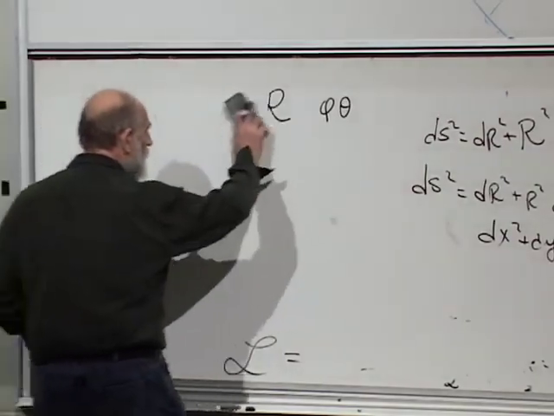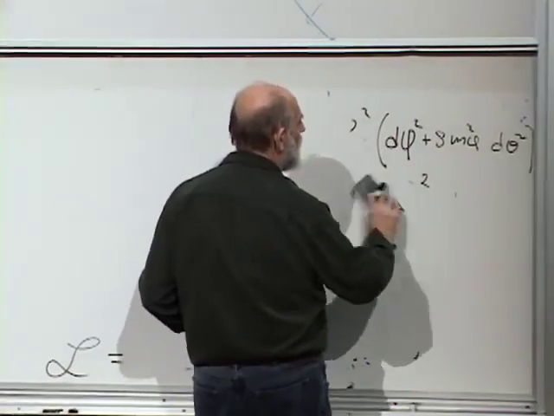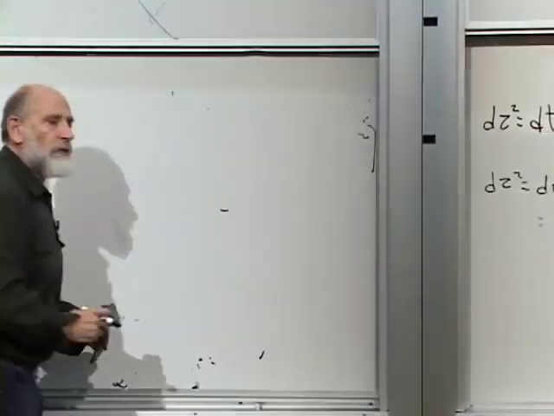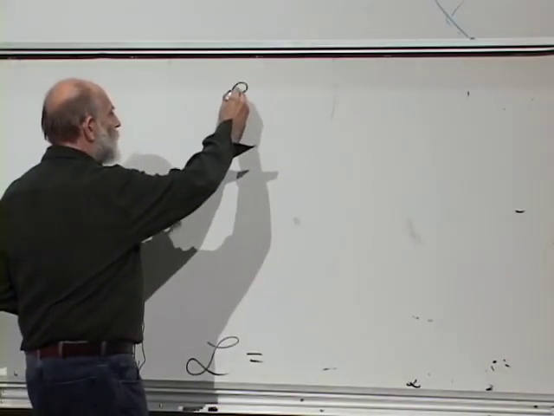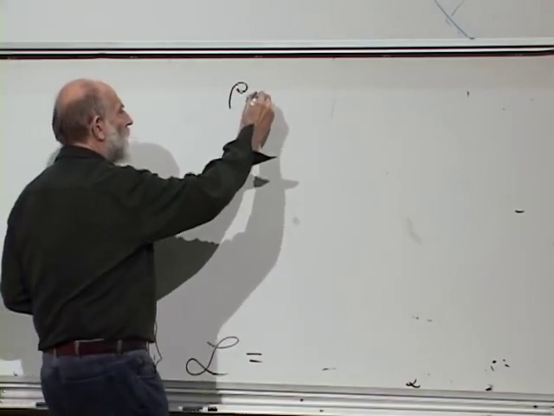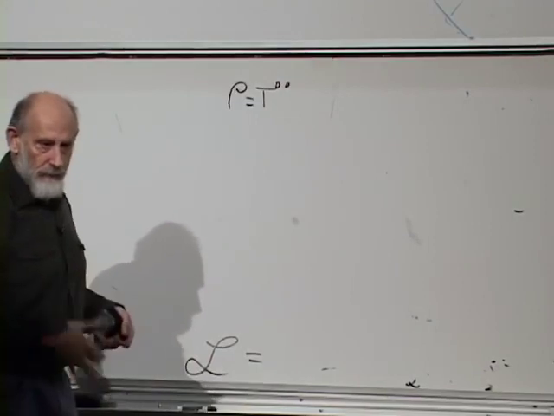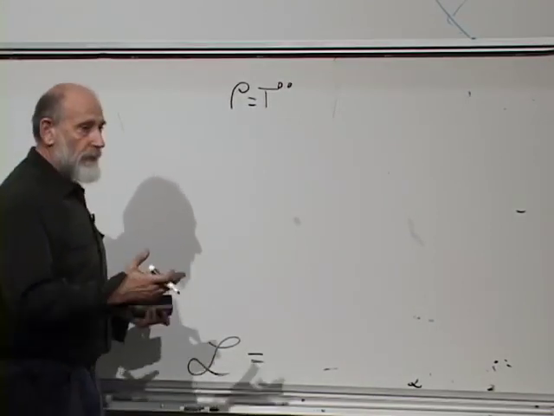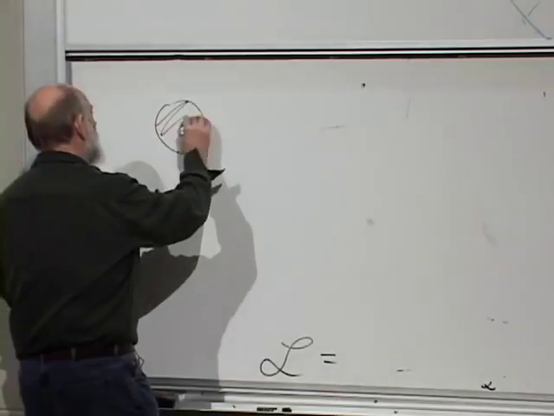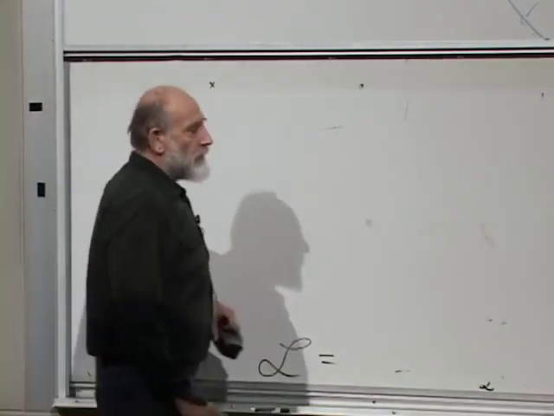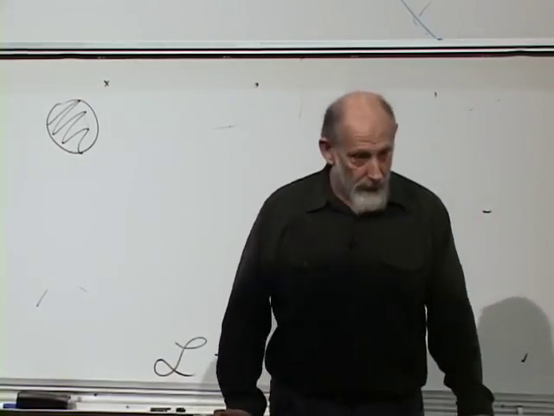This is the solution of Einstein's equations with any spherically symmetric distribution of energy, T naught naught, outside the boundaries of that region. So here's the region, and we look outside the region. The general solution outside the region has the following form.